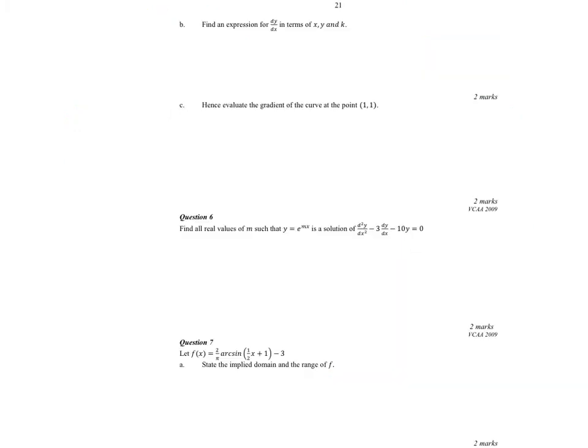Find an expression for dy dx. Always the way, isn't it? It's on a different page. So I brought that function across. So I differentiate everything with respect to x. I get 9x squared minus 2y dy dx. Derivative of kx is plus k.